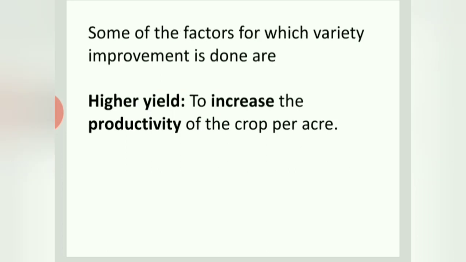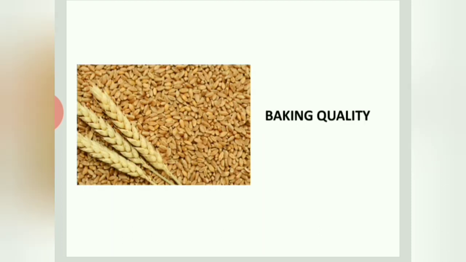Now we will see the factors for which variety improvement is done. The first important one is higher yield. The farmer will take up genetic manipulation or hybridization to get higher yield and increase productivity. The next one is quality, which varies in different crops. For example, in wheat, baking quality is very important.